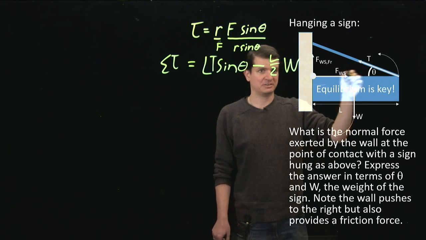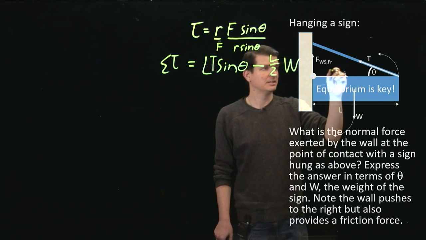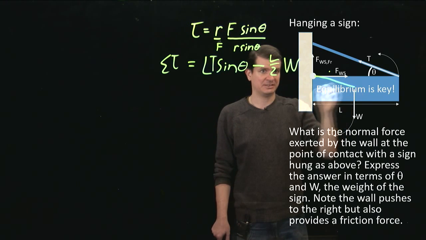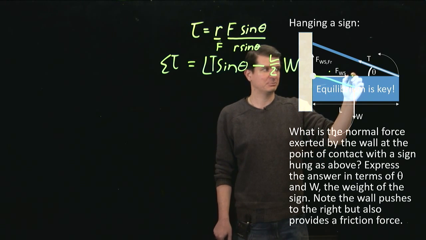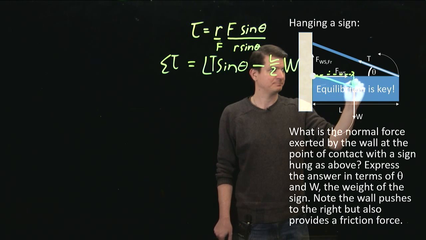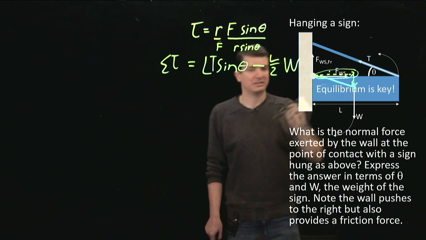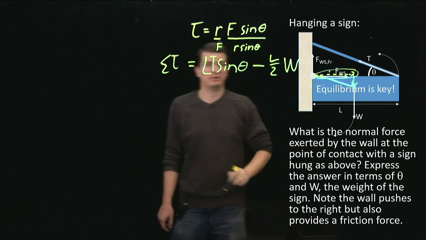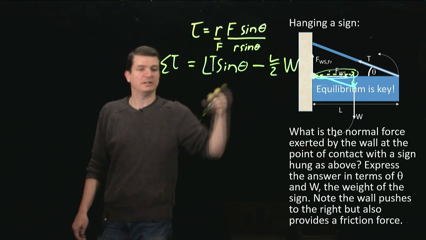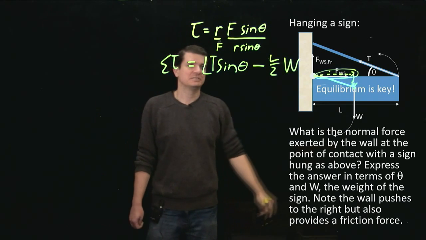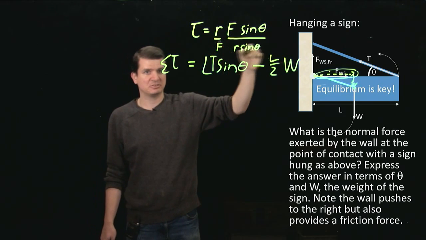So the perpendicular distance to it is just this line here, this part of the distance. Because I could draw my radius vector to be this, and I can decompose that into a component like that and a component like that. And so this part is the perpendicular distance, but that's exactly halfway between, so it's L on 2, and the force is just W.